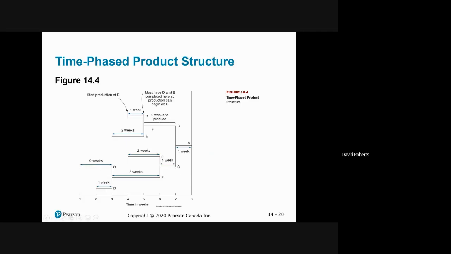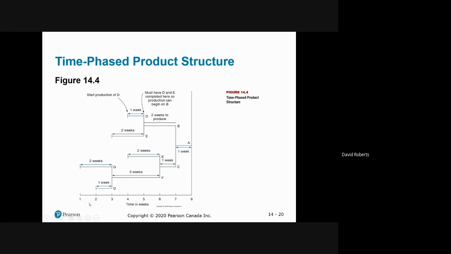And so B takes 2 weeks to produce. So if you need it for week 7, you need to order it or make it in week 5. C only takes a week. So you can start E and F at week 6. E takes 2 weeks, so you go back from 6 to 4, so you just subtract.